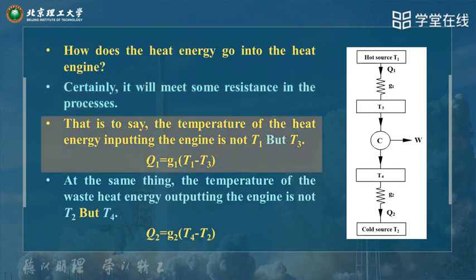That's to say, the temperature of the heat energy input to the engine is not T1, but T3 from this picture. Because from T1 to the engine, there is a heat resistance, G. So there is some temperature decrease.